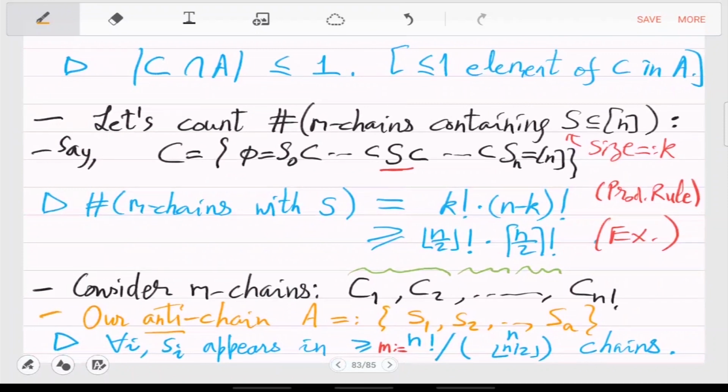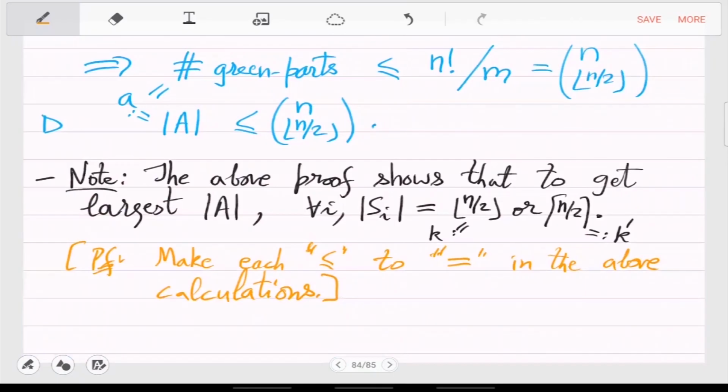So for every Si you actually get the size information. So when n is even, all of them are size n by 2, in which case we are done. Sperner's theorem is proved, because that was the whole example, that you take all n by 2 size subsets. So for even n it is done actually. So the theorem is already done for even n.